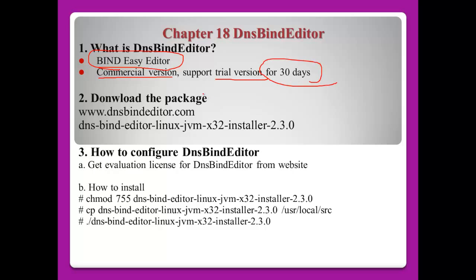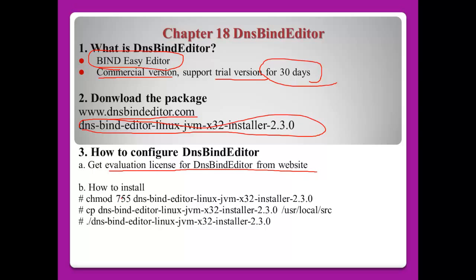So if you want to use this one, first download it from this website, dnsbindeditor.com. In my case, this is a Linux version, so the Linux version will have this name, the JVM install, like this. And to use this one, first you have to get the evaluation license from this website.